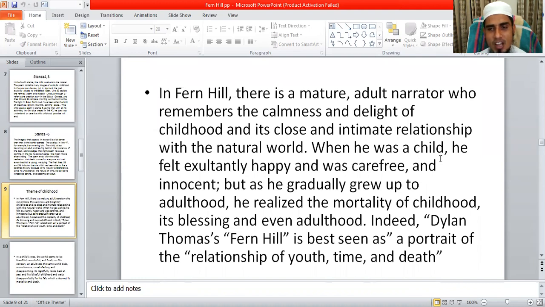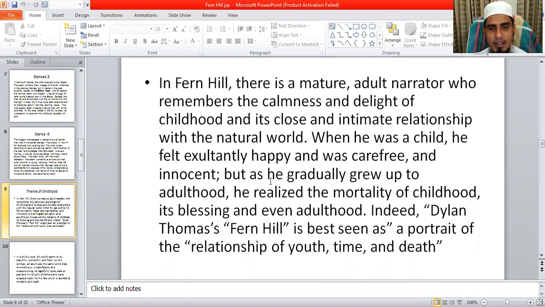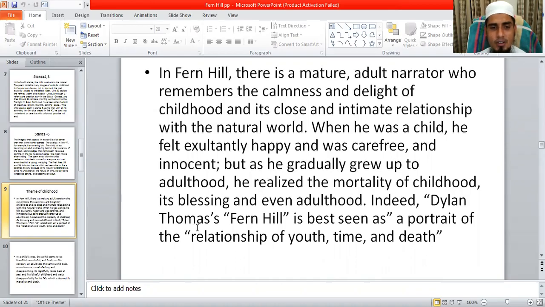So when he was a child, he felt excellently happy and was carefree and innocent. But as he gradually grew up to adulthood, he realized the mortality of childhood, its blessing, and even adulthood. Indeed, Dylan Thomas's Fern Hill is best seen as a portrait of the relationship of youth, time, and death.